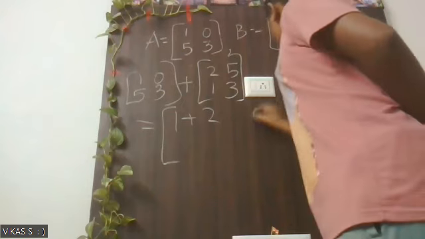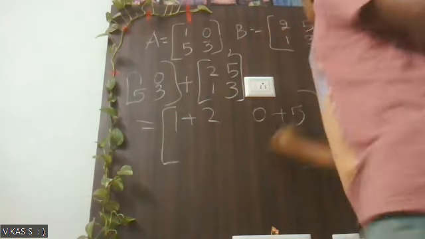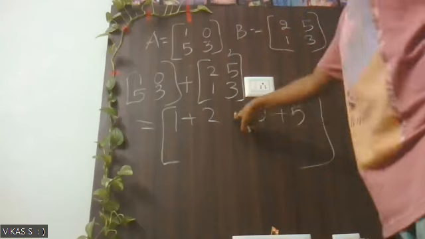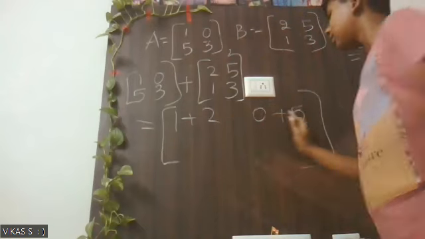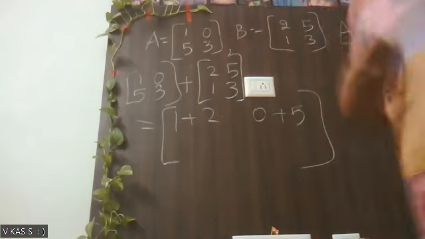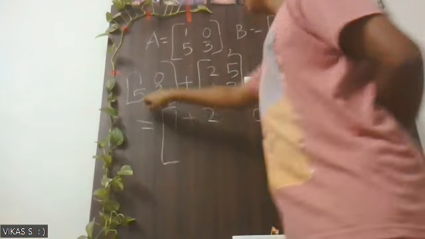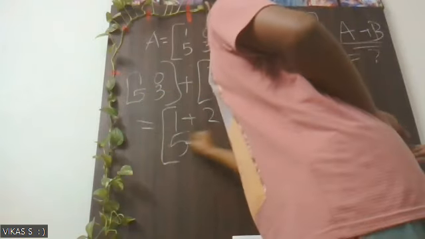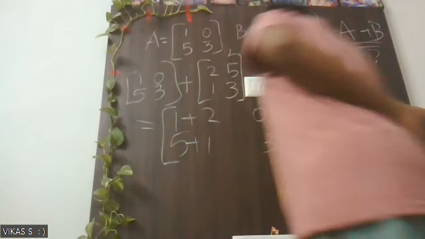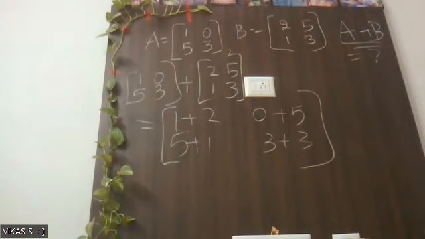Give a gap over here, or else it will be considered as these two are together, and you will lose marks, of course. So again, 5 plus 1, 3 plus 3. Now, solve this.